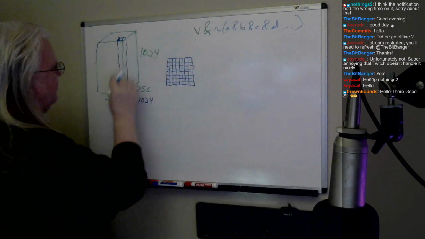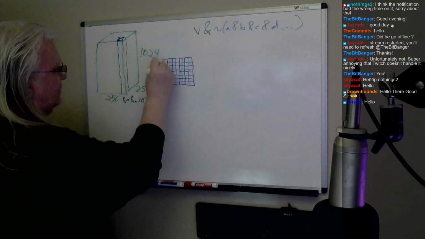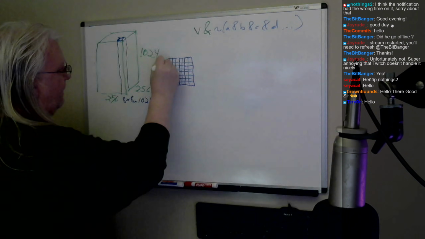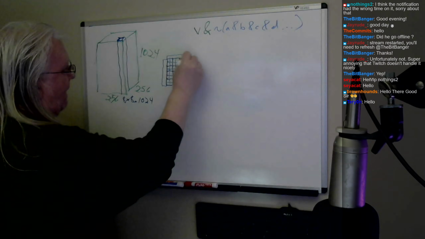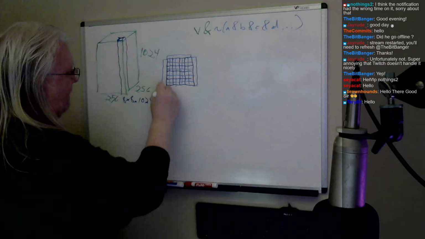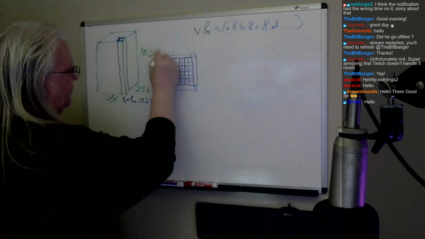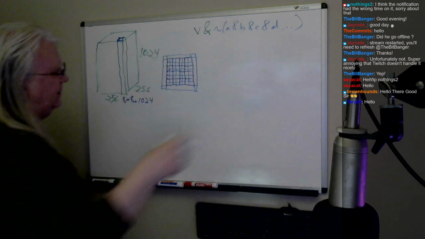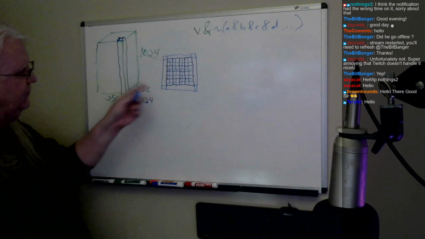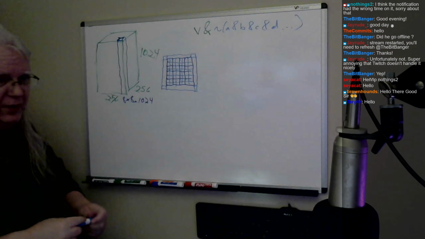Then when we're processing that chunk, we need their neighbors, which are these. We don't need these corners, but we allocate them, and that leaves us a 10 by 10 grid in the code.